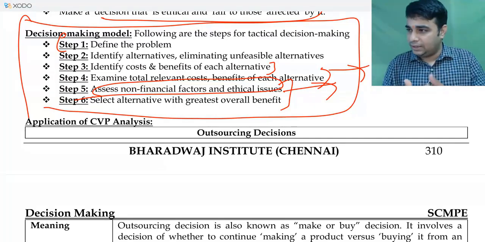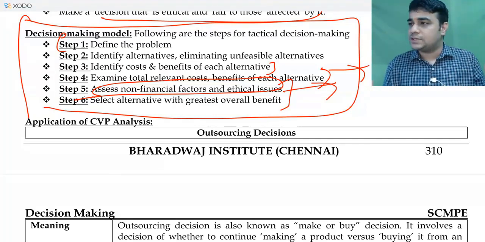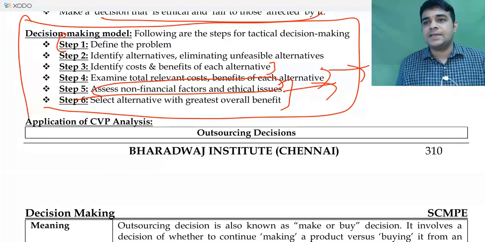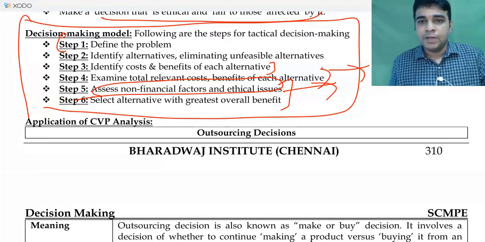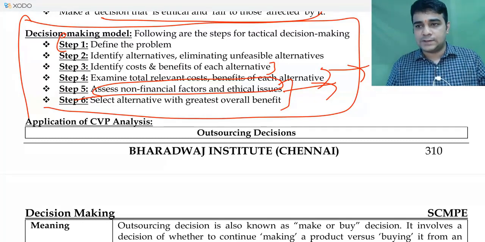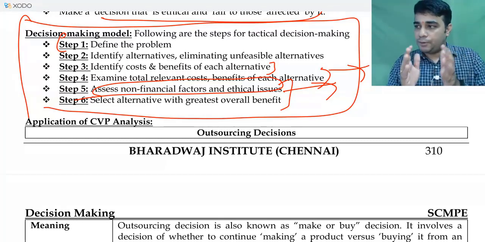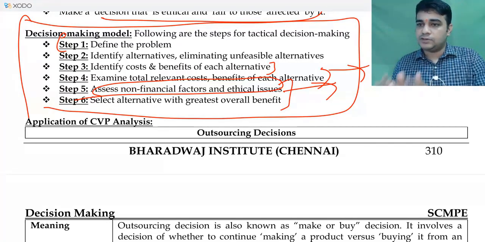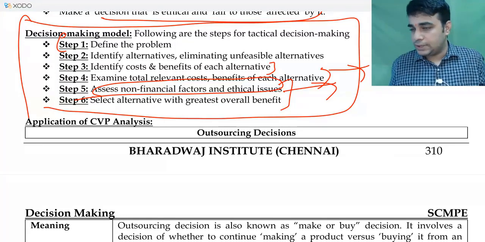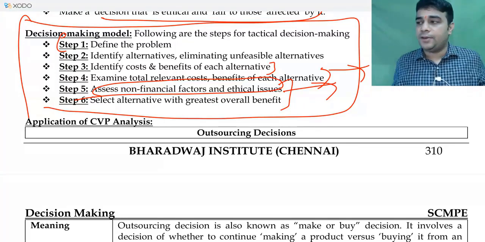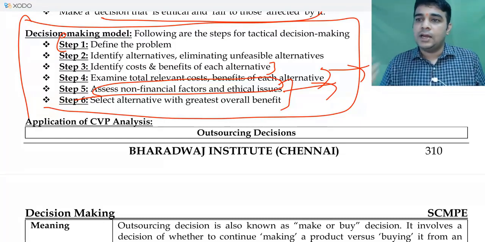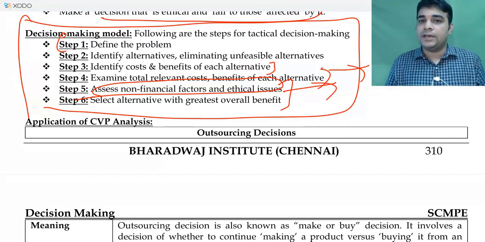It could be a raw material, it could be the processed product, it could be anything. For example, a product may go through 5 processes. Process 1 in-house, process 2 in-house, process 3 in-house, process 4 outsource, process 5 in-house. That's an outsourcing decision. Make or buy decision is, don't do any of the 5 processes, just buy it from outside.